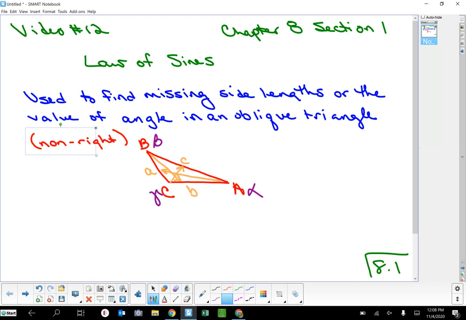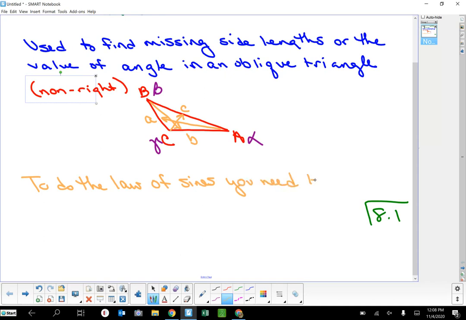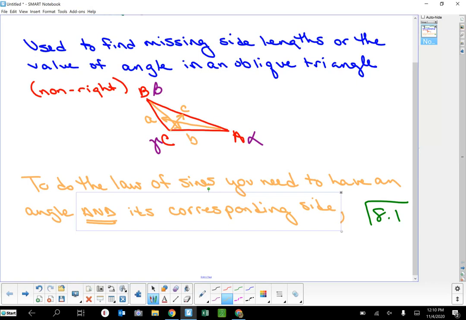Okay, so to do the law of sines, you need to have an angle and its corresponding side and either one other angle or one other side.